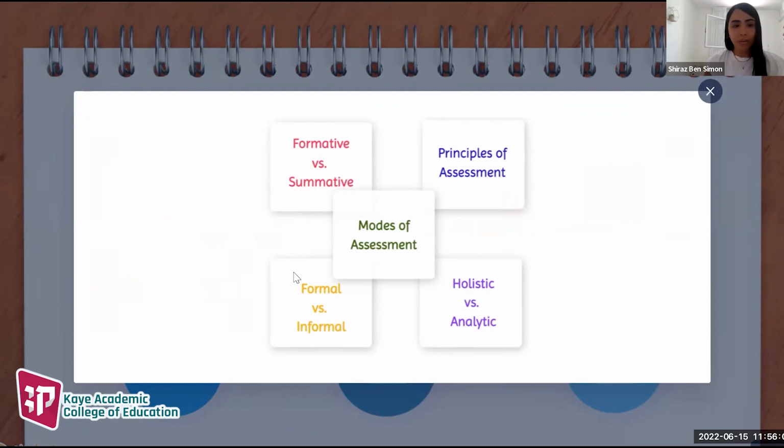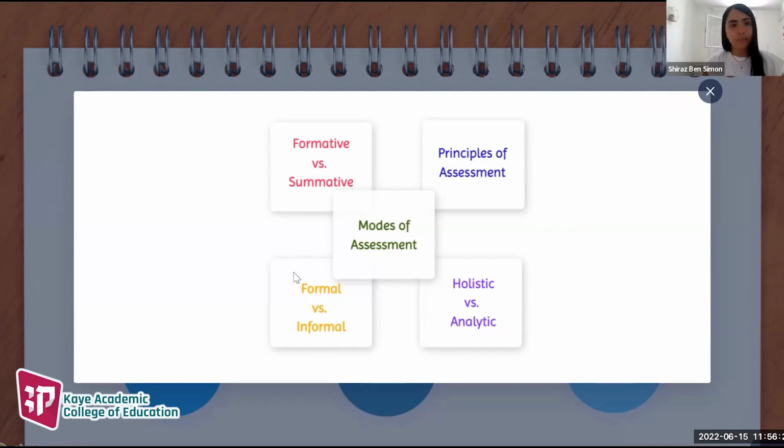It could be quizzes or a small assessment throughout the year that helps us know at which level our students are and how to plan and design our teaching from that point on.